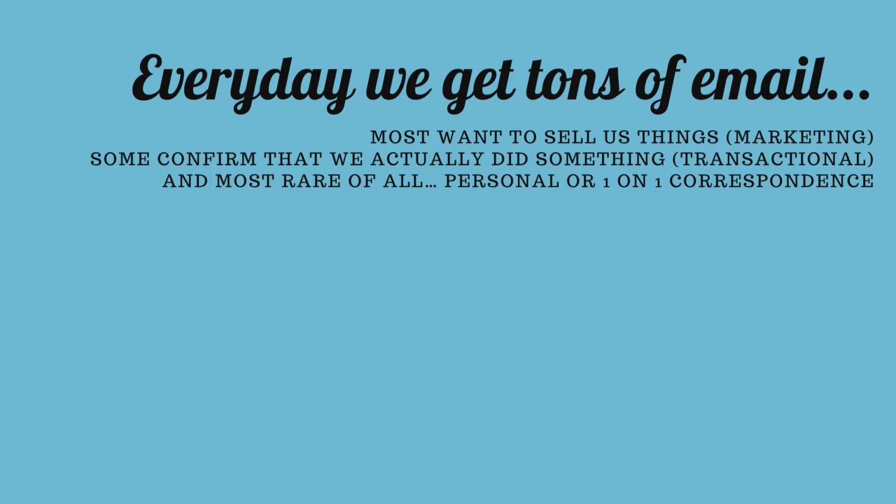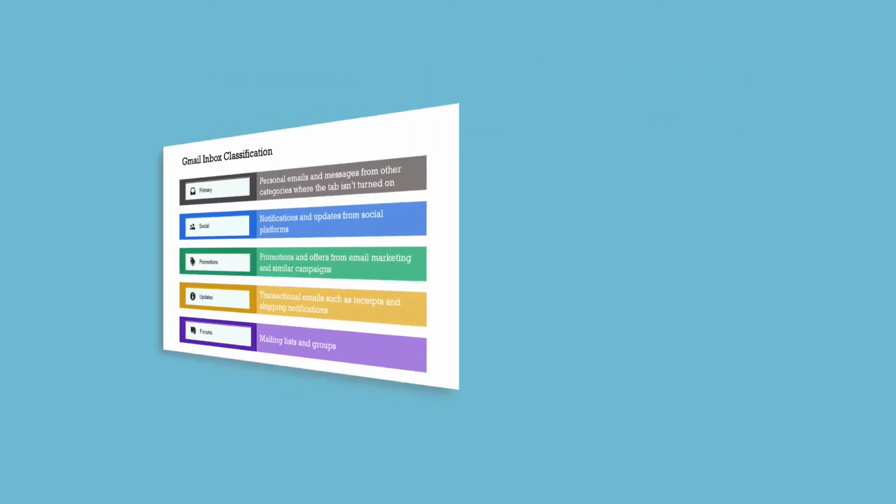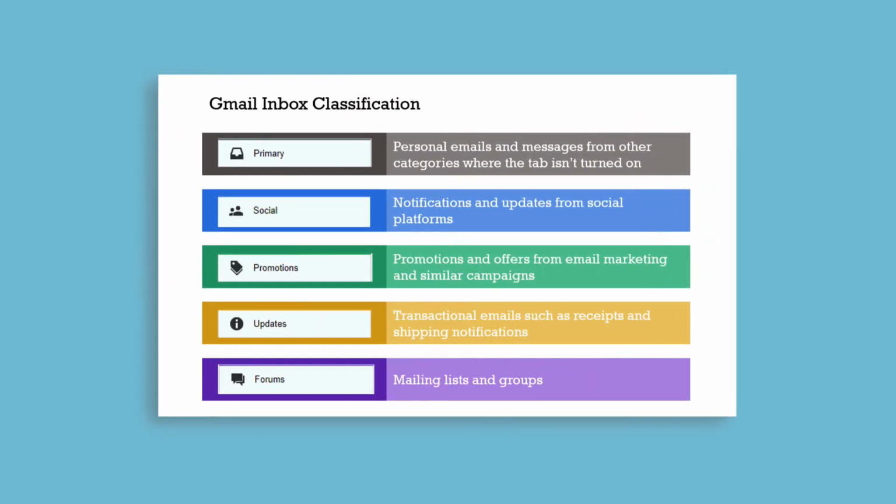Some confirm that we actually did something, transactional, and most rare of all, personal or one-on-one correspondence. In fact, Gmail, the world's most popular email service, has taken a similar approach, dividing our inbox into three main categories: primary, social, and promotions, just to give us a fighting chance to tame our inbox.